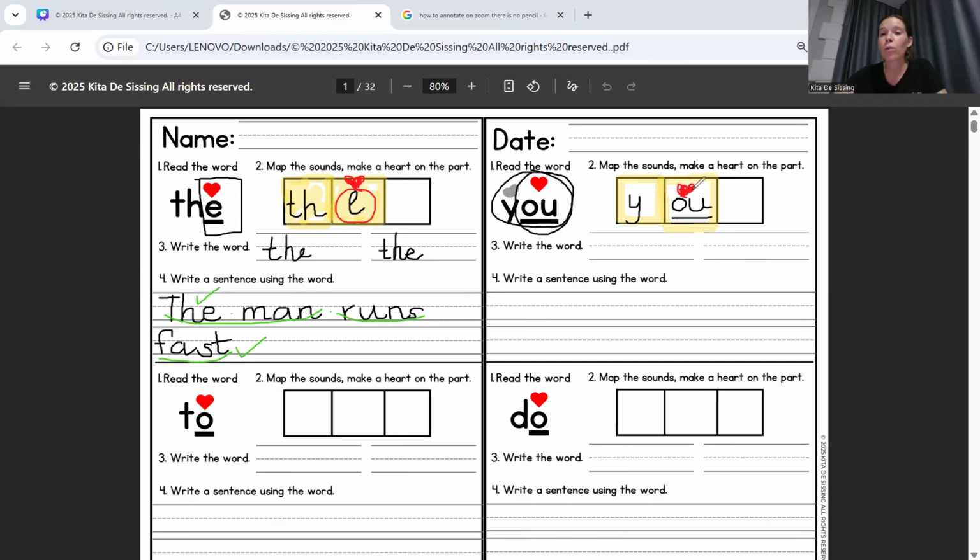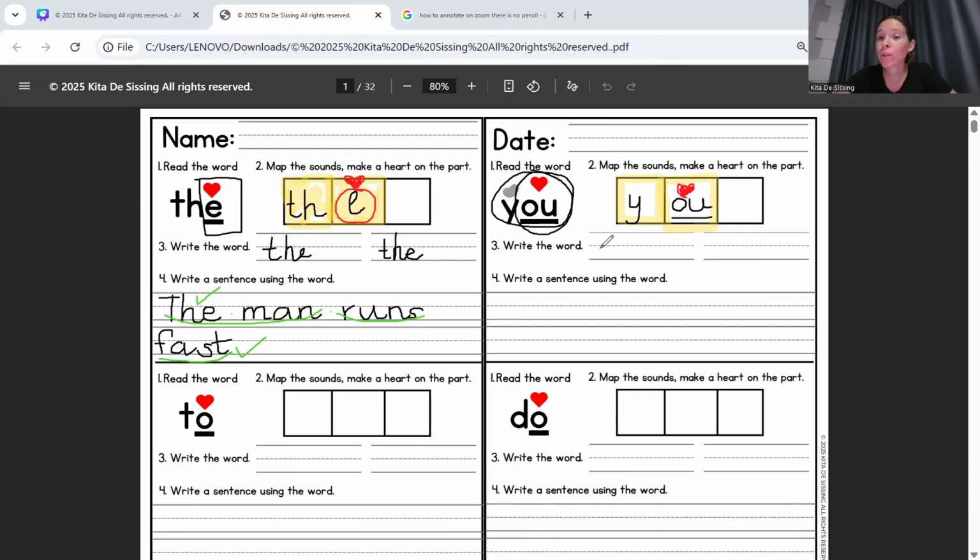Normally, when we spell oo, you might have seen it as O, or you might have seen it in a different spelling, okay? But for you, we spell the oo with O and U. So now we're going to practice writing the word. Let's go.